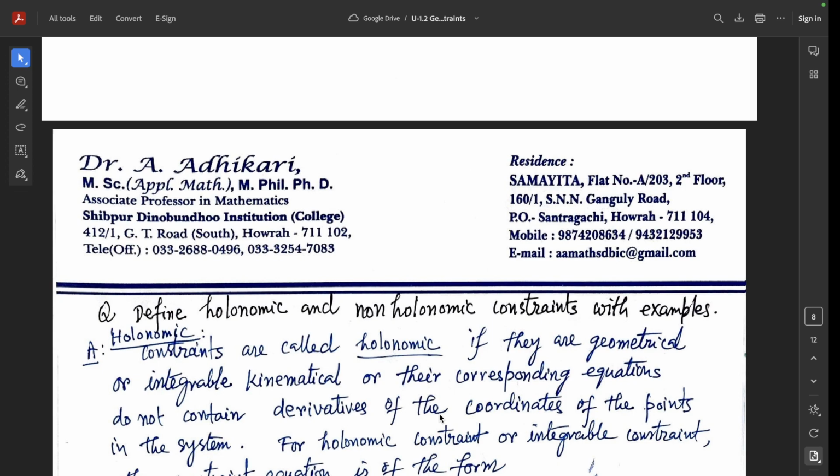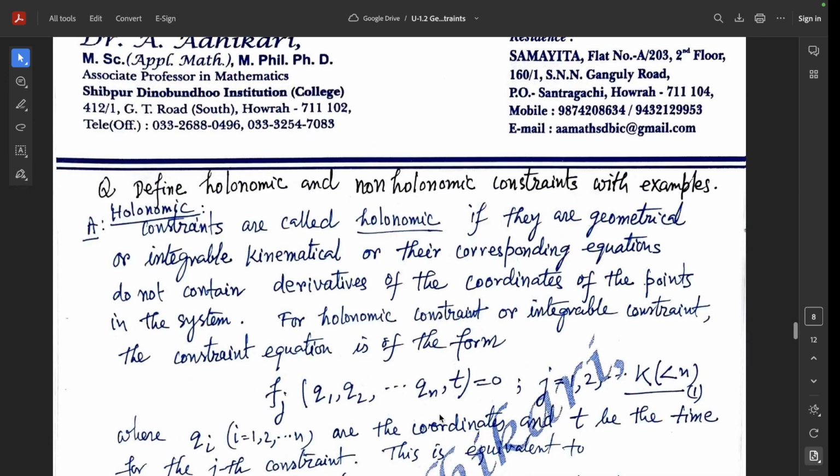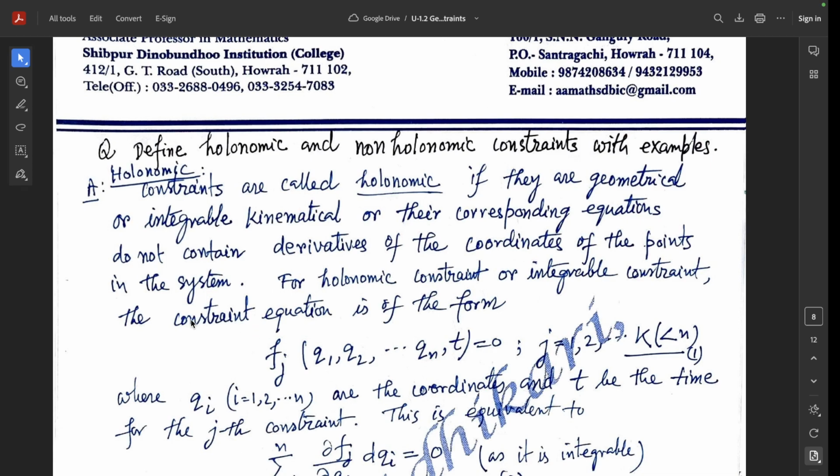Define holonomic and non-holonomic constraints with examples. What are holonomic constraints? Holonomic constraints are geometrical or integrable kinematical constraints, or their corresponding equations do not contain derivatives of the coordinates of the points in the system. For a holonomic or integrable constraint, the constraint equation is in the form f_j(q1, q2, ..., qn, t) = 0. These q_i are the generalized coordinates and t is the time.